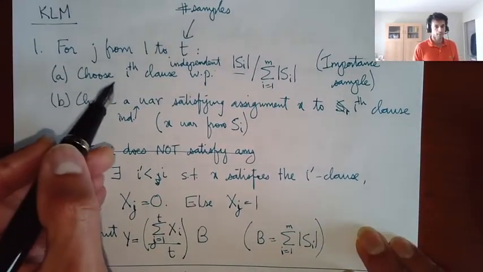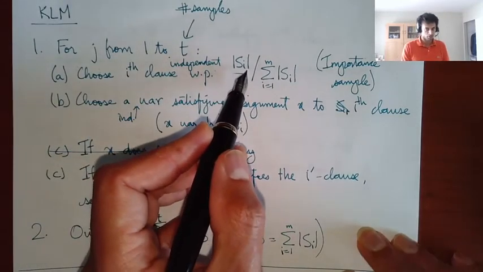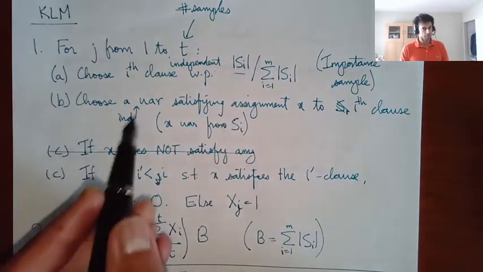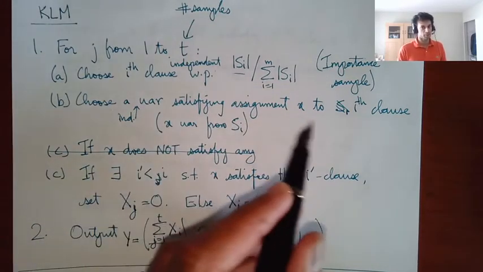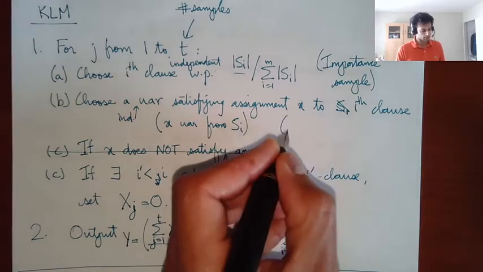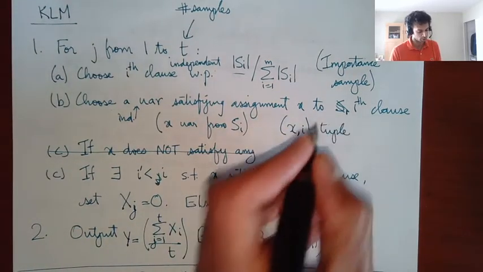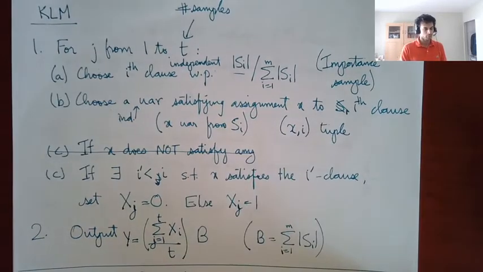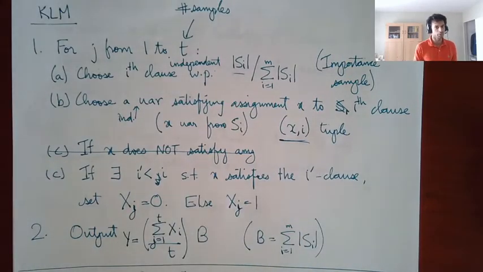Remember, I chose the ith clause with probability proportional to the size of Si. Then I choose a uniform at random satisfying assignment x from the ith clause. So let me think of this as producing the tuple (x, i). I want to argue that this tuple is being produced uniformly at random.